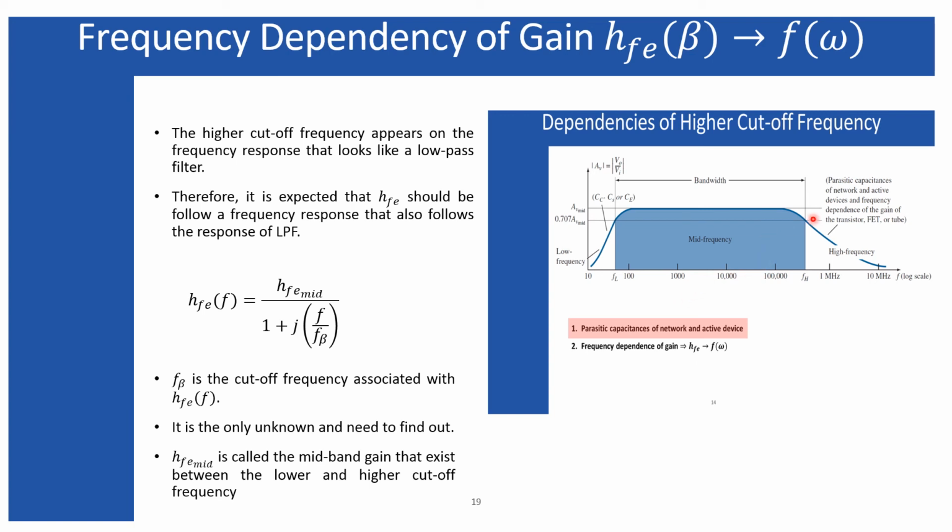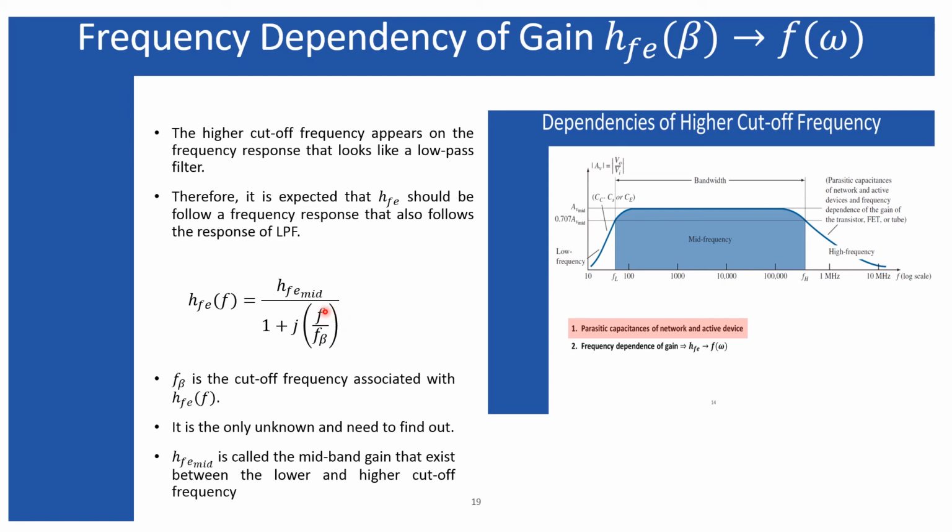And we can see from the nature of the curve, as I told at the beginning of this lecture, that it looks almost like the nature of a low pass filter. Therefore, this frequency dependency of HFE we can easily write as the response of a low pass filter.